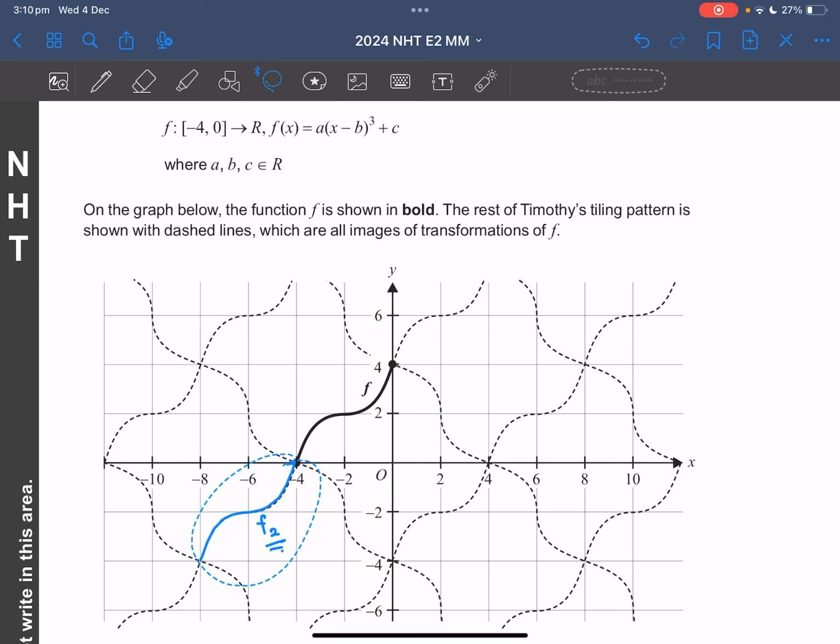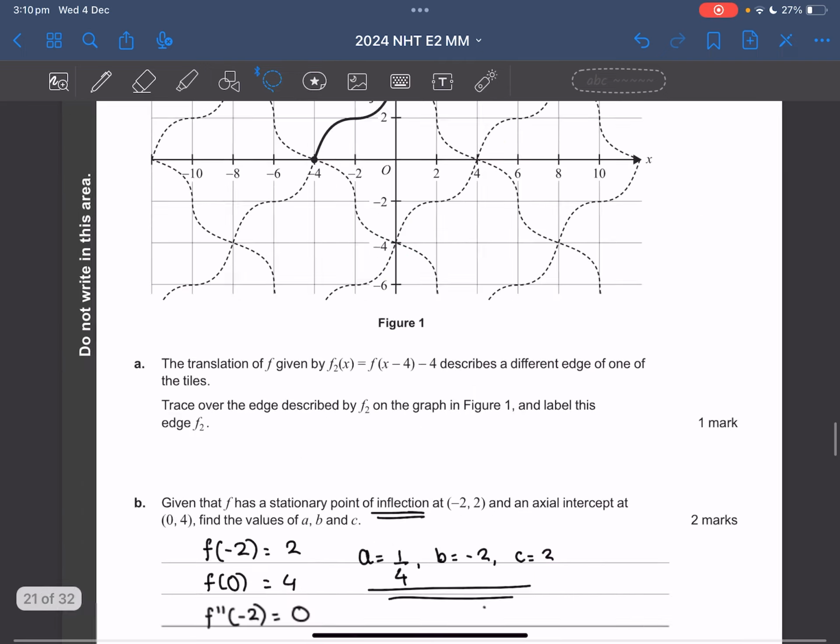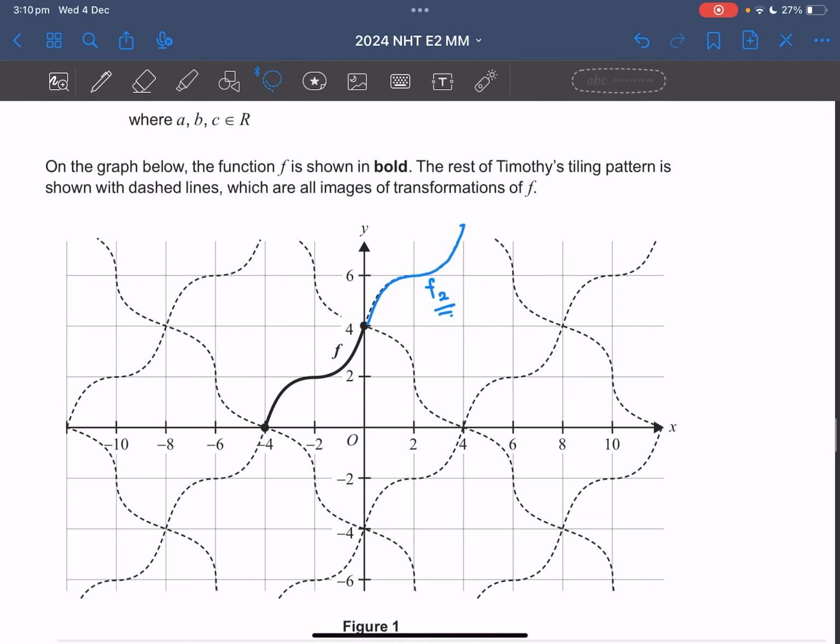So either of them should work. We are basically asked to find the other piecewise function. So there are 2 correct answers to this. You choose which one you like. You can either choose this option over here, or this option over here. Doesn't really matter. Okay, I'll write both of them down.